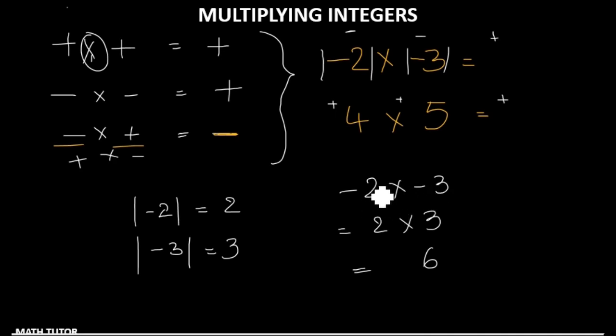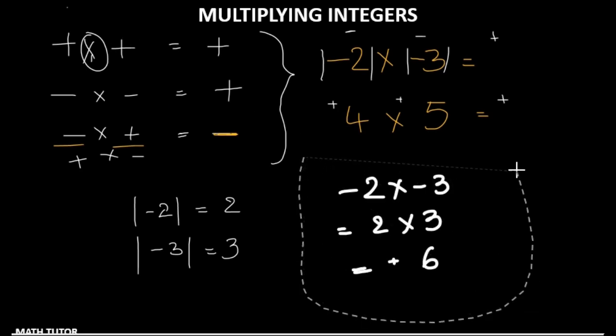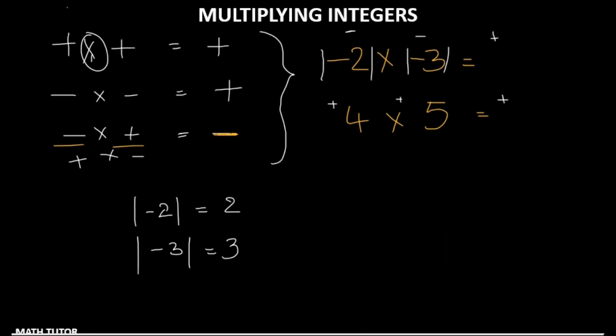Since these have the same sign, minus, you will get a plus sign here. Understand? The second example we considered, 4 times 5. Since both are of the same sign, you get plus here, and the absolute value of 4 is 4 and of 5 is 5. So 4 times 5 makes 20.